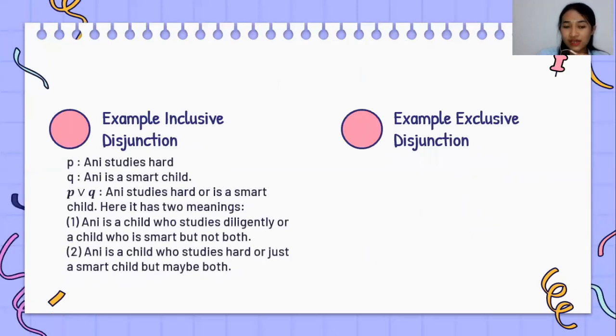Example of inclusive disjunction. P, Annie studies hard, and Q, Annie is a smart child. The proposition P or Q, Annie studies hard or is a smart child. Here, it has two meanings. One, Annie is a child who studies diligently or a child who is smart but not both. And two, Annie is a child who studies hard or just a smart child, but maybe both.